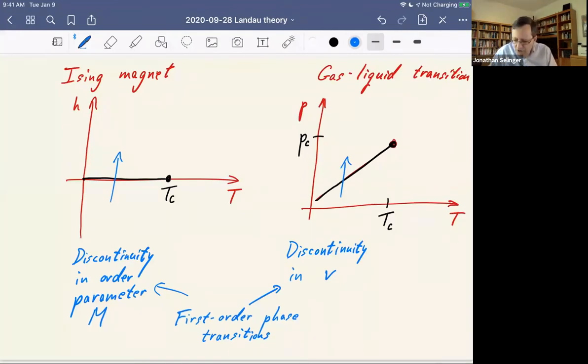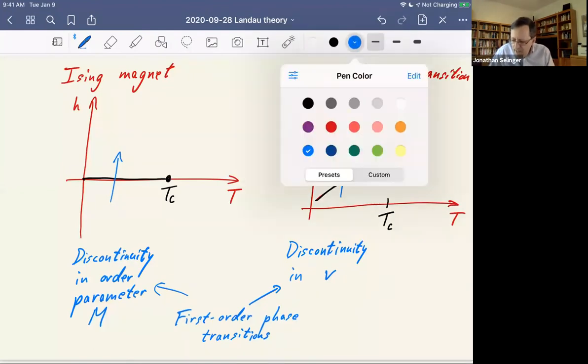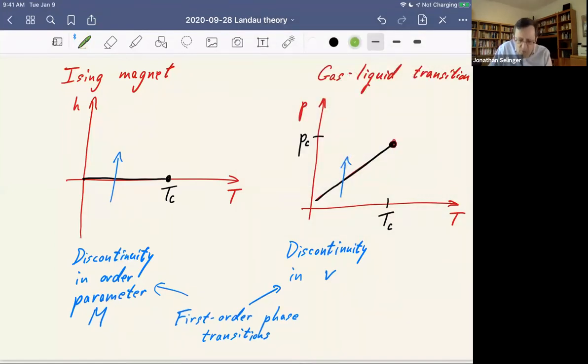So we could also say, what happens if we approach the phase transition by passing right through the critical point, right? So it could be a path reducing temperature like that, or like that.